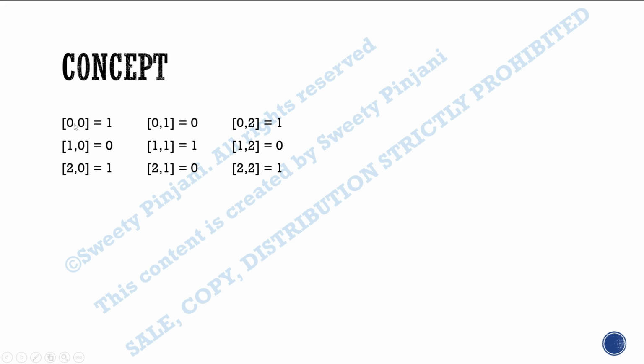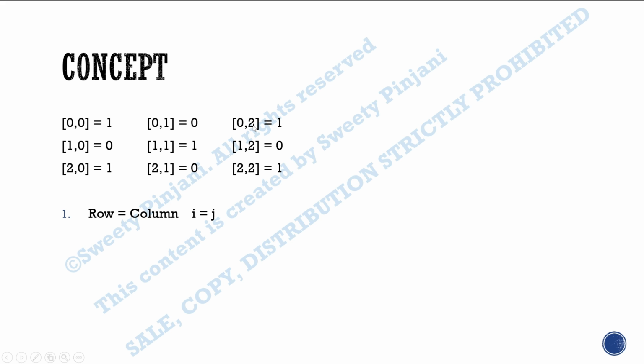First, I can see 0,0, which means I equal to 0, J equal to 0. Then we have 1,1, which means I equal to 1, J equal to 1. Then we have 2,2, which means I equal to 2, J equal to 2. Here one thing you can observe: I equal to J. This forms one equation. When your row equals column, that is a diagonal pair. This is the first equation we came up with: row should be equal to column.